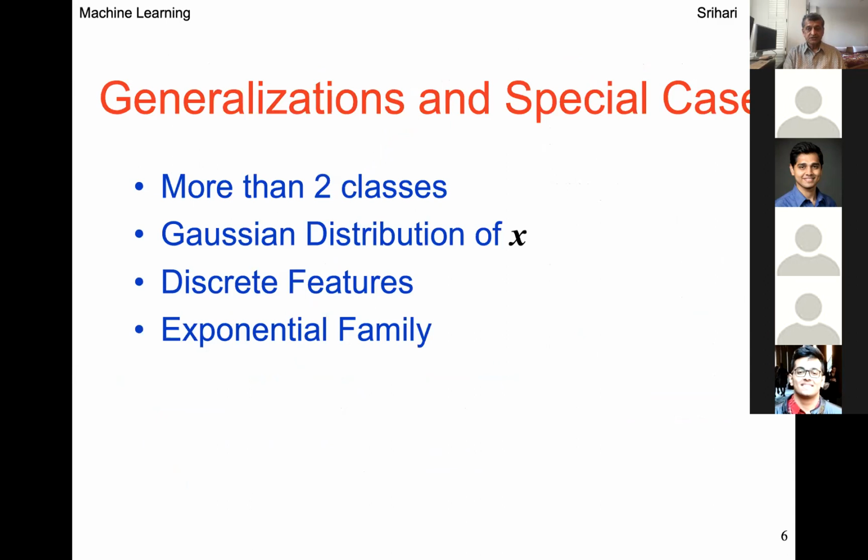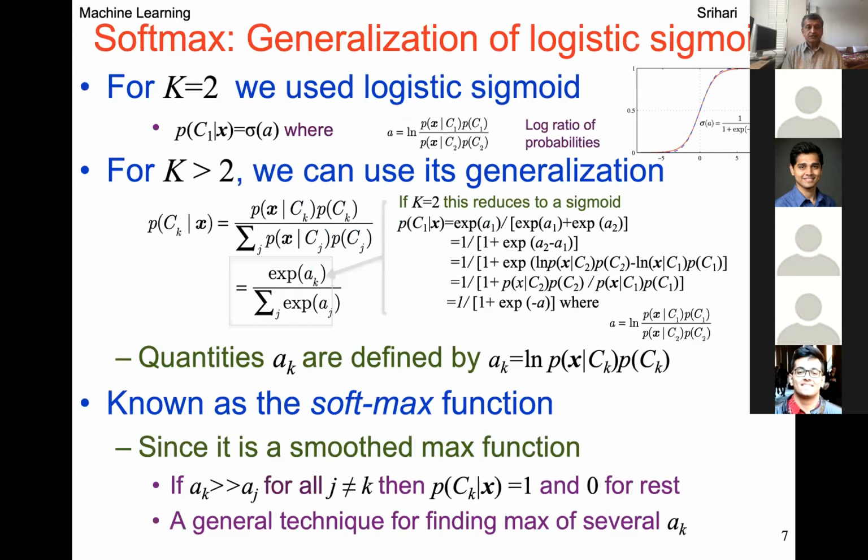So, generalizations and special cases. We just looked at what a generative model looks like, and let's look at some more generalizations of that. Softmax is a generalization of the logistic sigmoid in that for k equal to 2, we have P of C1 given x equal to sigmoid of A. We just saw that.